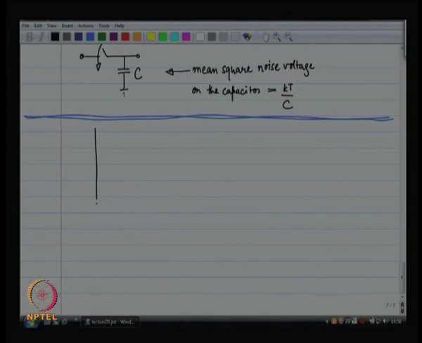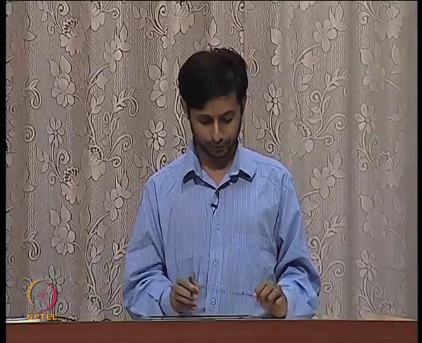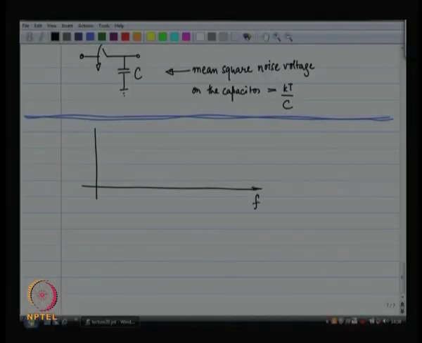So, it is like this, when you look at the power spectral density of a noise voltage, it is uniform. Let us not draw it as a function of f, let us say it is a function of omega.